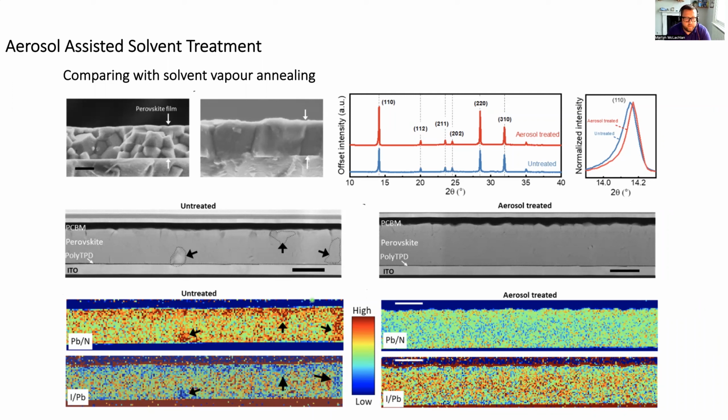Here, the microscopy was carried out by the Ducati group at University of Cambridge, and we can see the presence of a number of defects that are highlighted in the cross-sectional images, and here in the energy dispersive X-ray spectroscopy maps. We attribute these to being areas that are rich in lead, which we can see on the right hand side disappear. They are eliminated during the aerosol treatment.